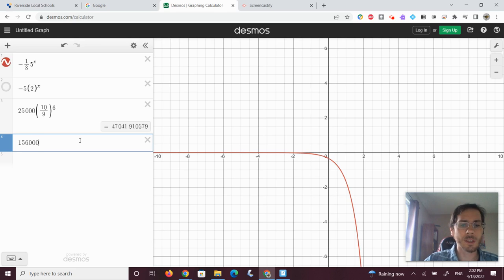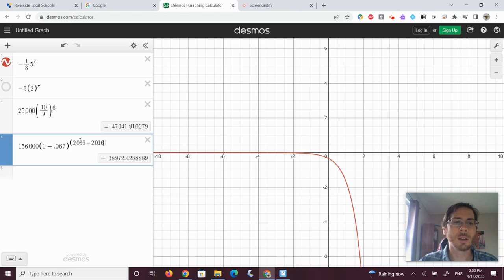So 156,000 times 1 minus 0.067 to the 2036 minus 2016. And we get our value, 38,972.